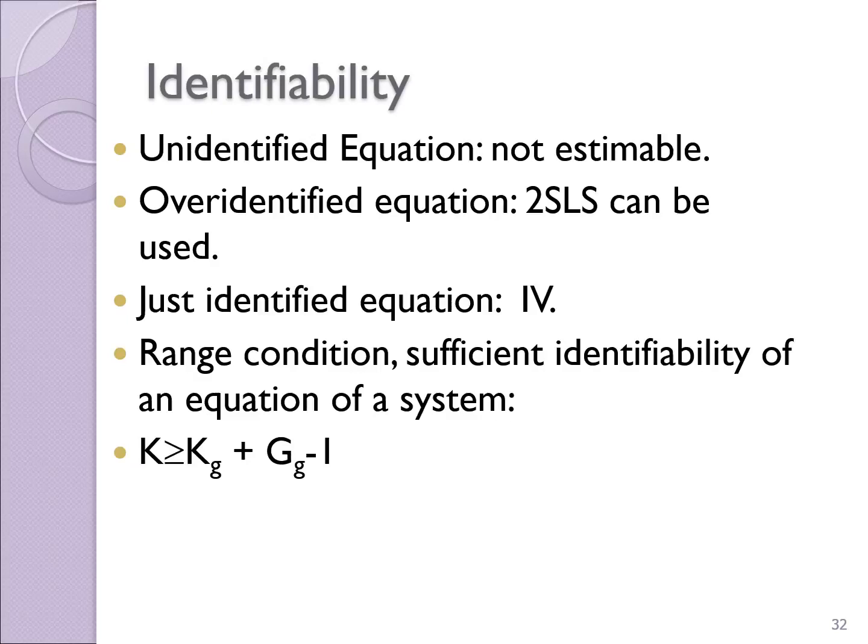This is the condition. It seems very convoluted and very strange, but in reality it's very simple, because all it is telling you is that we need more instruments than endogenous variables minus 1. So the idea, you can rephrase it and say we need the same number of instruments or more than the number of endogenous explanatory variables.